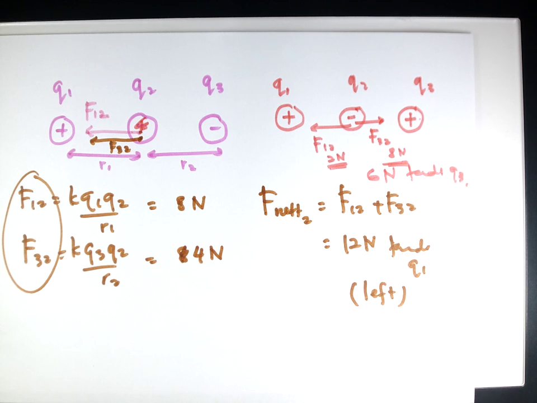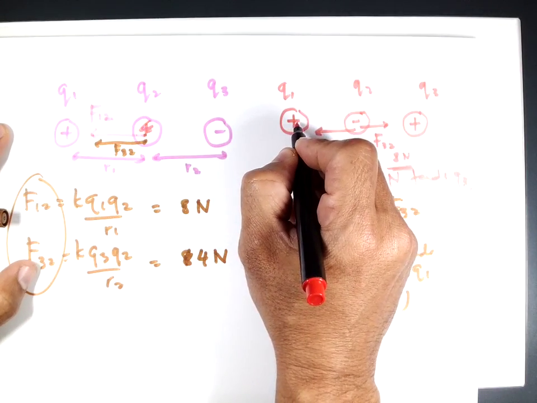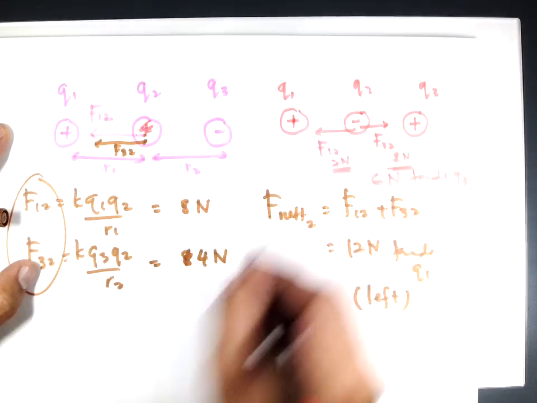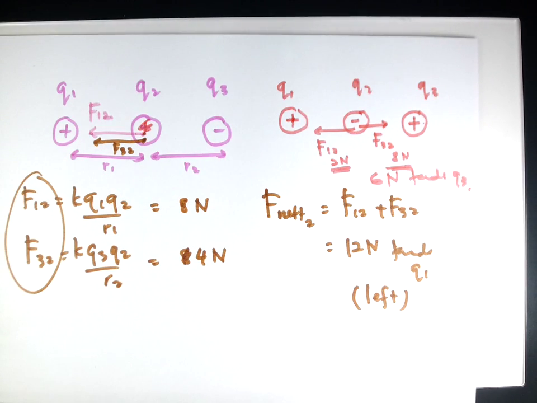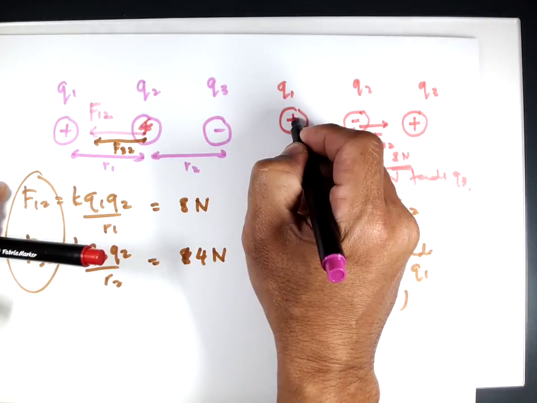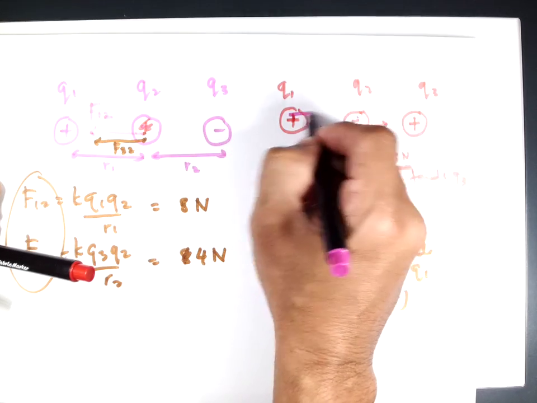Okay, let's say I change the question. Calculate the net force at Q1. This question: calculate the net force at Q1. So this one is acted on by Q2 and by Q3. First thing, you draw. This is the one that moves, because it is the one we are asked about. This is negative, so it goes there.